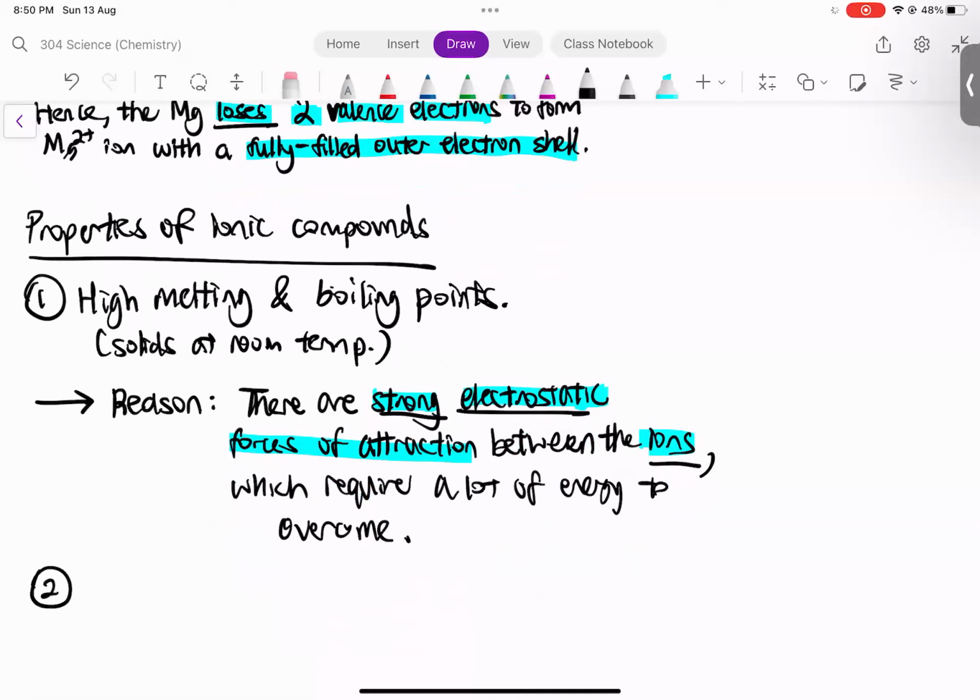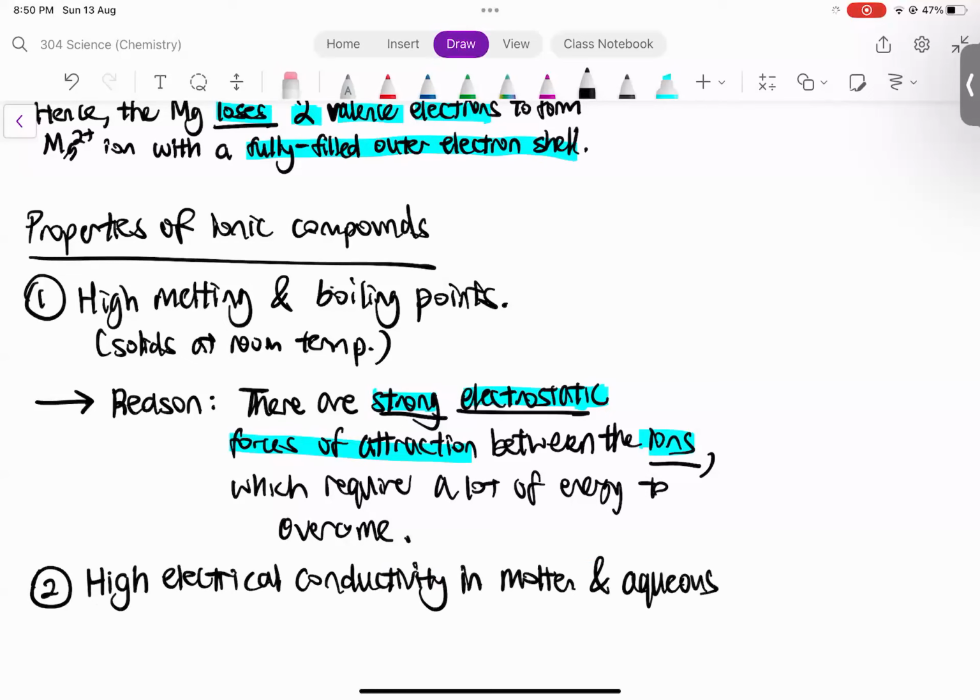Now, the next physical property of an ionic compound, which many of you often forget, is the electrical conductivity. So ionic compounds have high electrical conductivity in the molten and aqueous states, but low conductivity in the solid state.